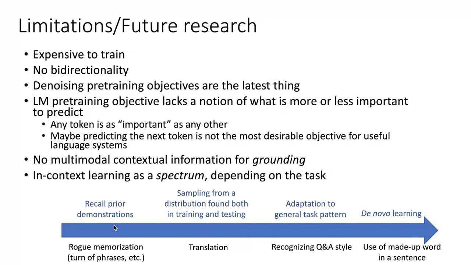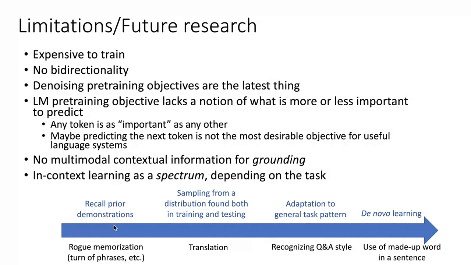And then finally, you can see in-context learning as a spectrum, which I alluded to when I was explaining the amount of in-context learning from zero-shot to few-shot learning, as you increase the number of examples you're conditioning GPT-3 with. The spectrum goes from GPT-3 just recalling prior demonstrations, which is basically rote memorization.